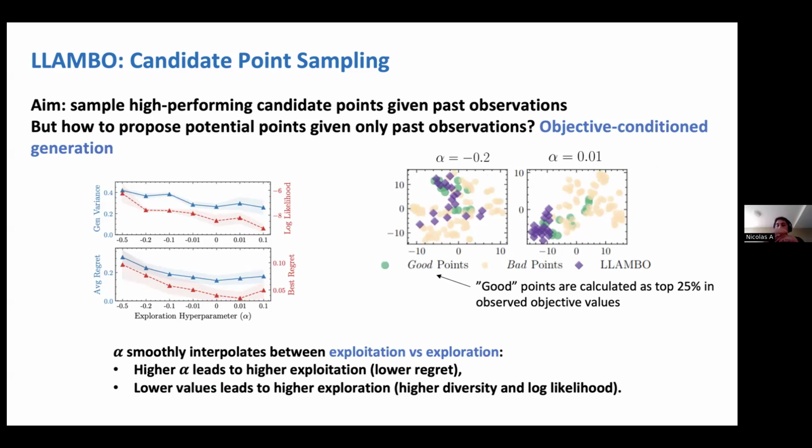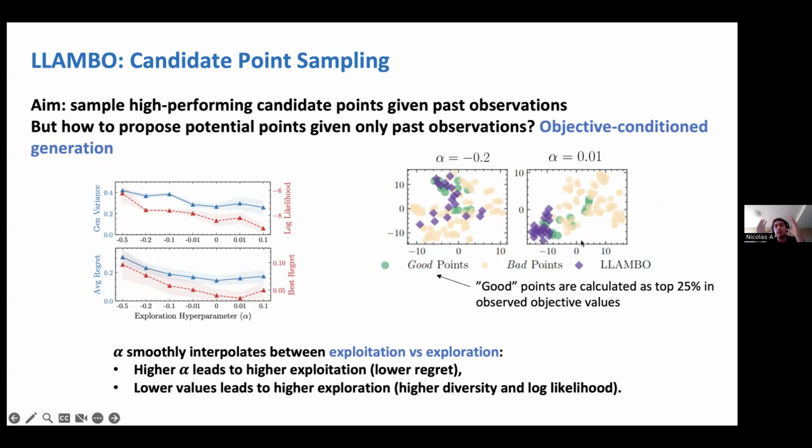The rest are the bad points. And in purple we have the points that are sampled with this candidate sampler objective, which is LLAMBO. On the right, we can see that when alpha is positive, it means that we are being greedy, because we want a score that is better than or similar to the one that we have achieved.